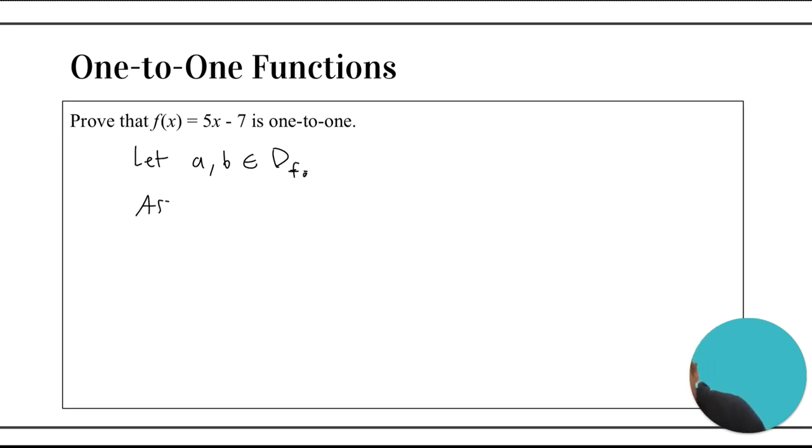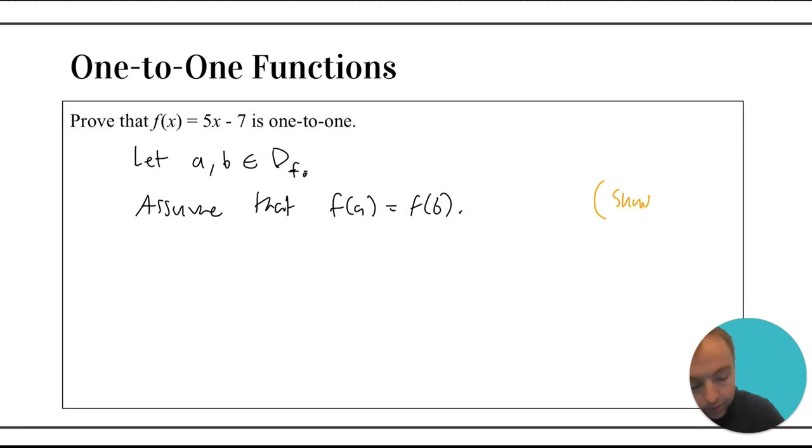And then I'm going to assume that f of a equals f of b. So at this point, this is not part of my proof, but now what I want to try to do is show that a is equal to b somehow, just using this information that's given.